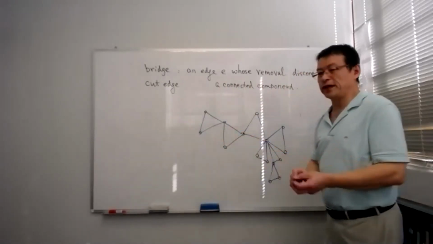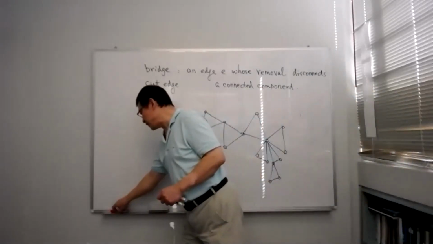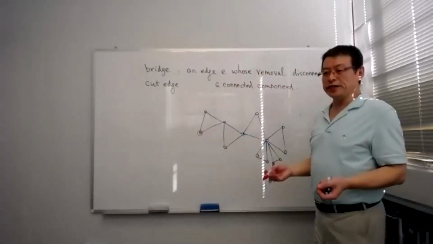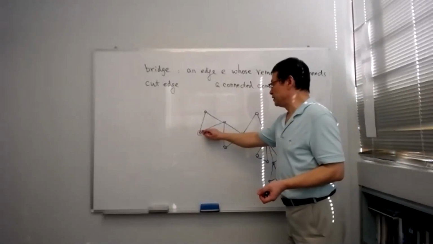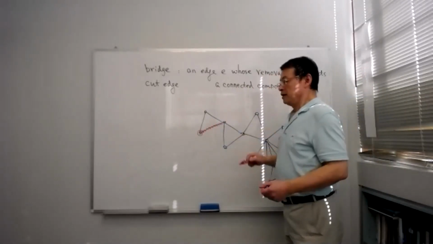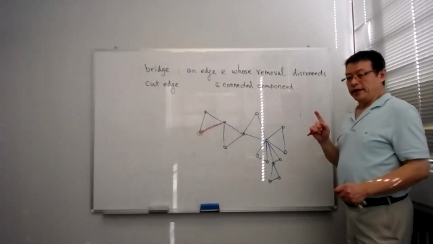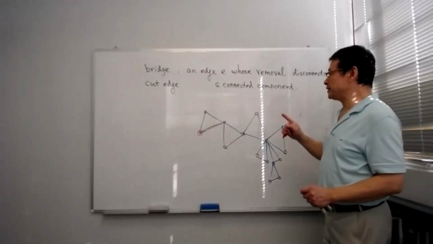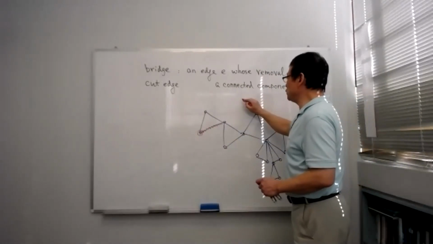Just use this one for example. What we do is start with any vertex. That does not matter. So we use edges, keep on walking, and make sure that when we choose an edge, the edge is not a bridge.